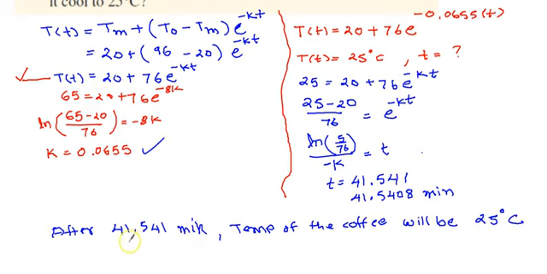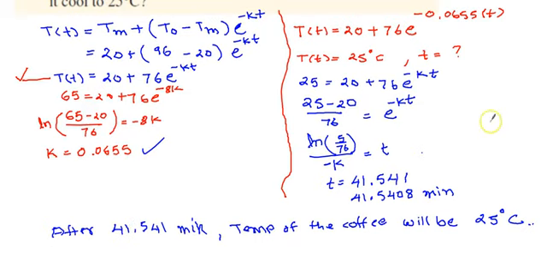So we must have units, both units, time and temperature. What? Temperature of the coffee. When? At this time. So this is a very similar statement you can write. You can also say that the temperature of the coffee will be 25 degrees centigrade after 41.541 minutes, or very similar statements, but we are looking for the answer in context with appropriate units.